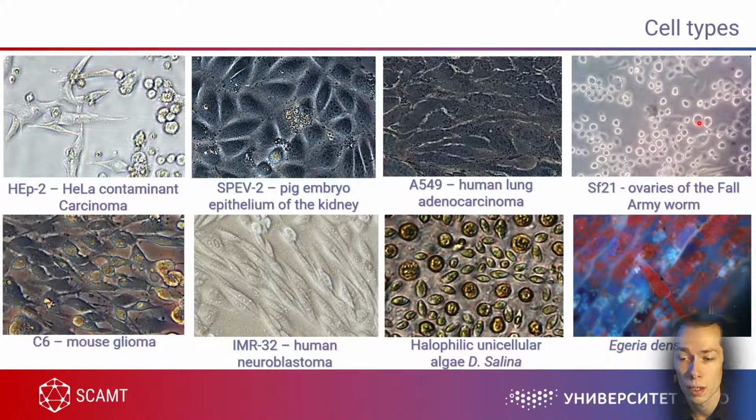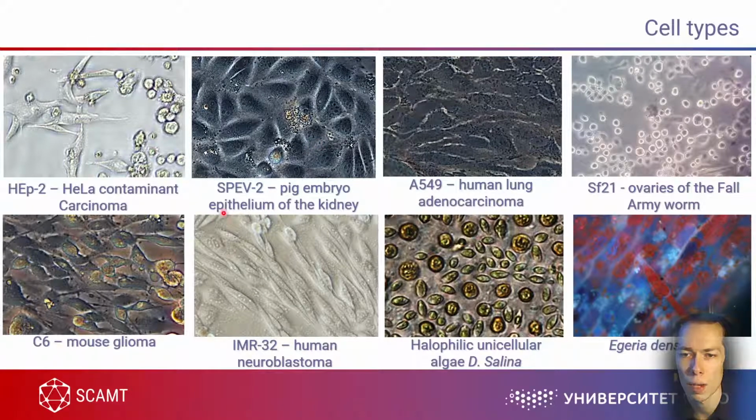But let's now jump to cell types and what can happen to cells and how to understand what damage nanoparticles can cause to your cells. So there are a lot of different types of cells, like HeLa cells or HepG2 cells.